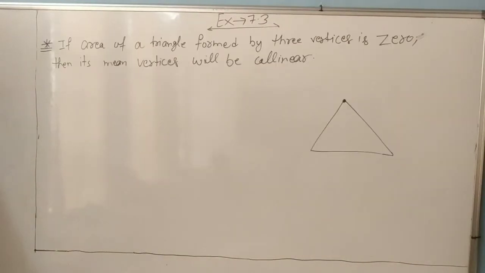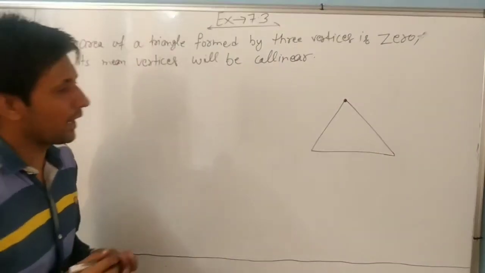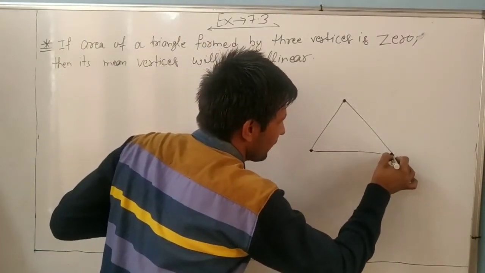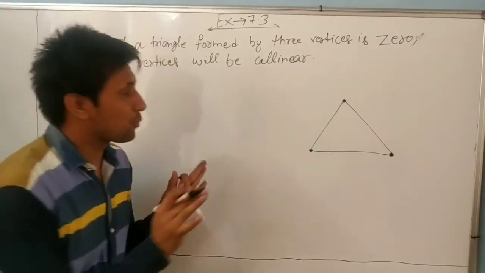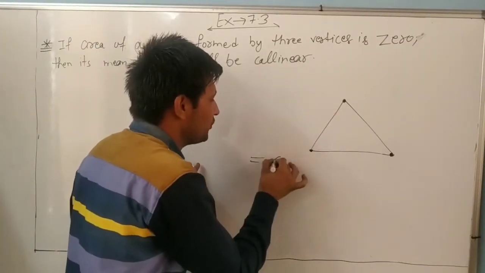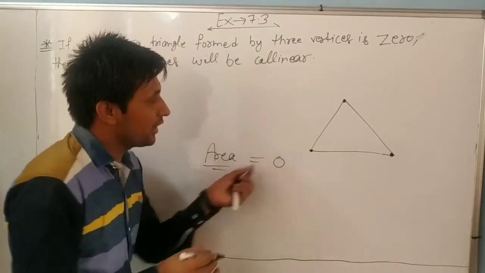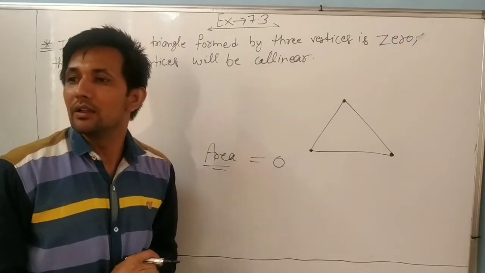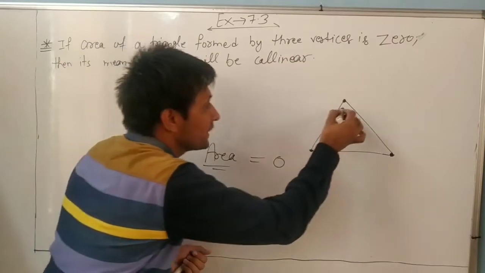Now dear, one more important point. Suppose any triangle is given, and we know this triangle has 3 vertices, and suppose its area comes 0. Area of this triangle is 0. Is it possible, dear, that the area of any triangle is 0? No, because it is area.